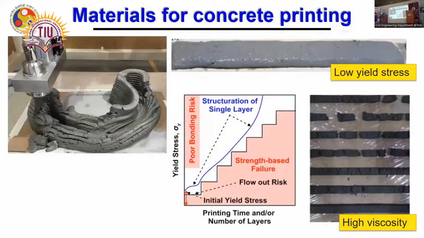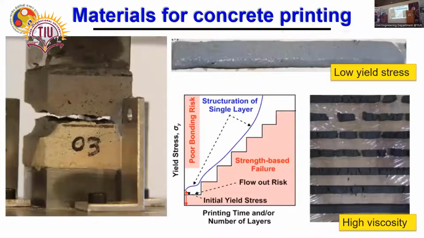Okay, so this is the failure we can see. When you are not increasing the structural build-up of your material, you are going to end up with this kind of failure. And if you have a material with very quick setting time and you are delaying the print time gap between these layers, you may end up with poor bond strength between the layers.